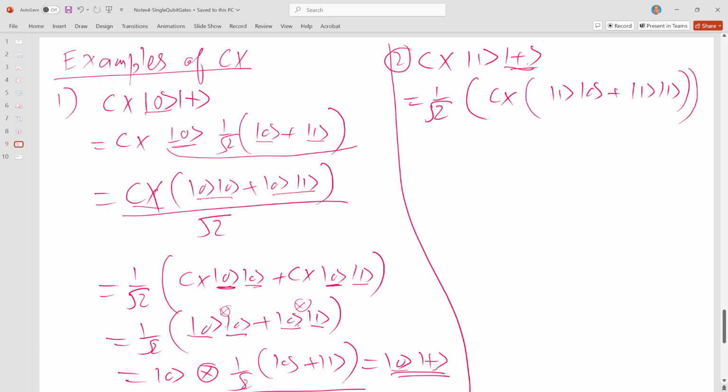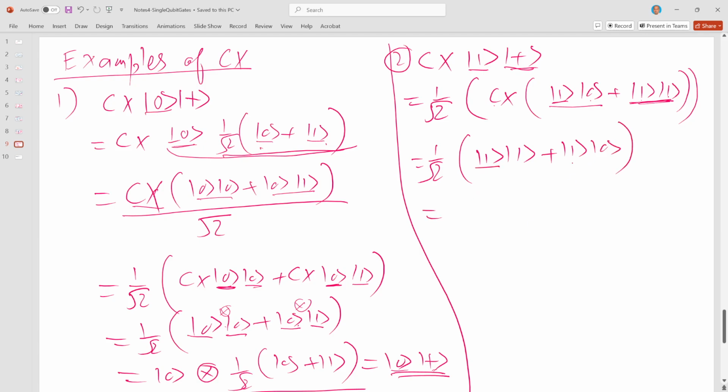Remember, this plus state is 0 plus 1, so I can distribute this 1 on both of these. And now when I apply this control X gate on this, this is 1, so 0 flips. And when we apply this Cx here, this is 1, so this 1 flips.